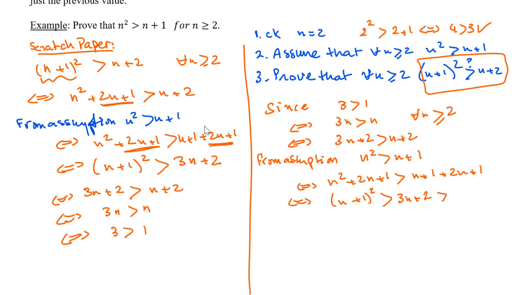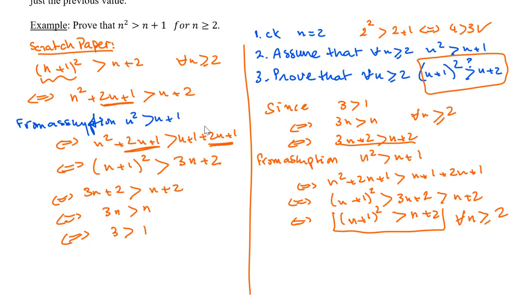But since 3n plus 2 is greater than n plus 2, then n plus 1 quantity squared must be greater than n plus 2. We end up at our goal for all n greater than or equal to 2. So this right here is basically the proof. This helps me achieve what I need to find. And the conclusion is, for all n greater than or equal to 2, n squared is greater than n plus 1.